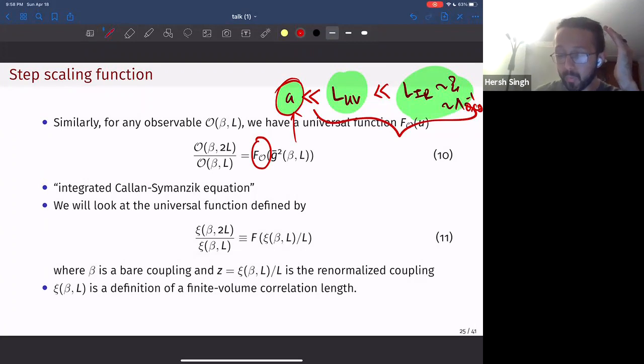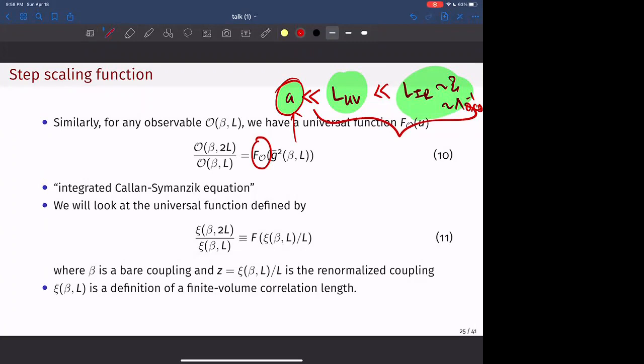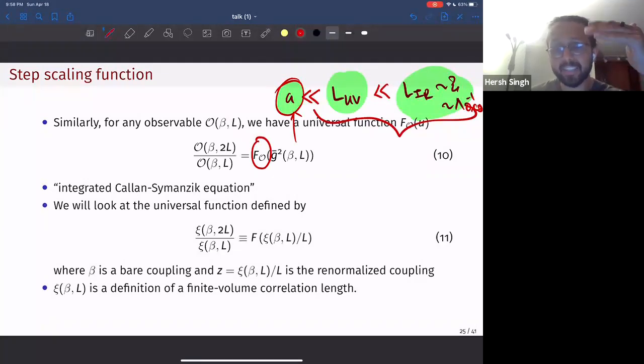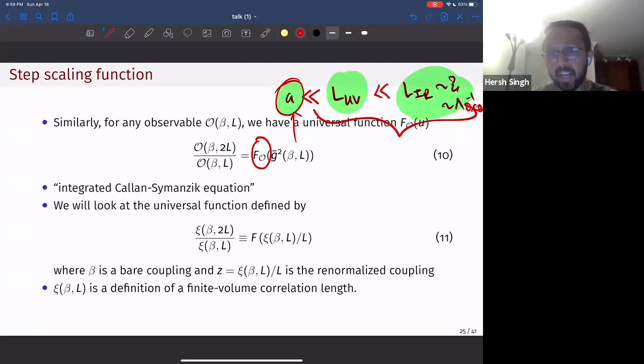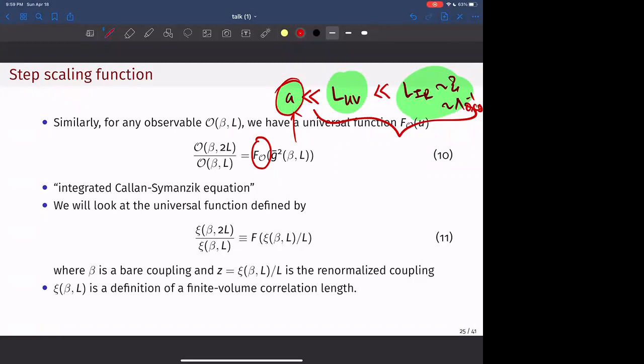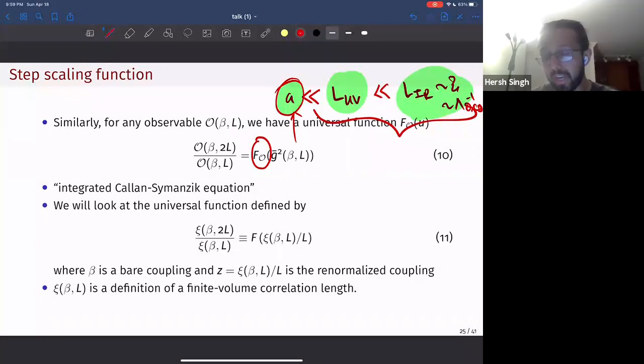So below the scale L_UV, that's what you mean. Okay. So maybe in equation 10, L has to be less than L_UV, right? And then in the continuum limit, you will get some universal function for L less than L_UV. Yeah.